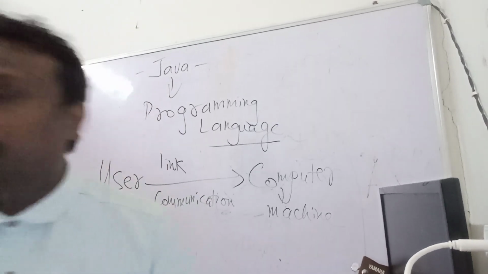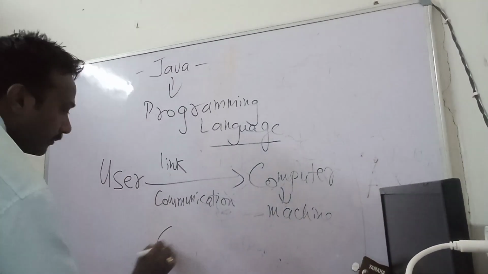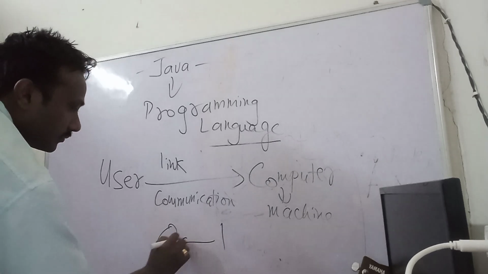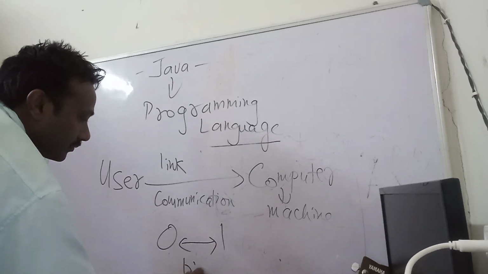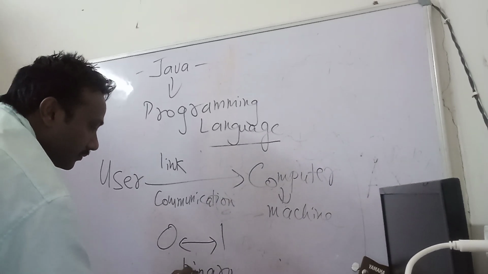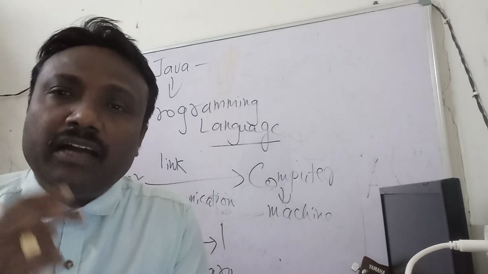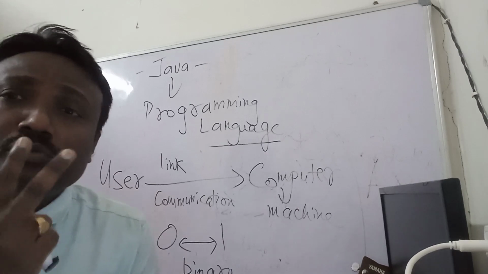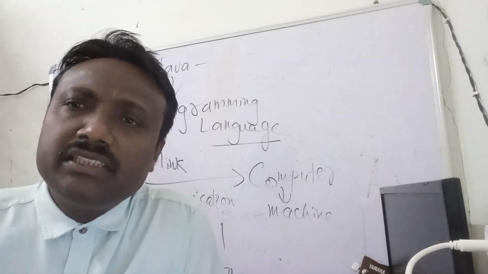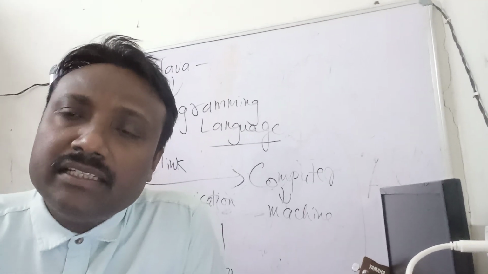So, 0 and 1. Why is it called binary? Because it has two digits. That is why it is called a binary language.